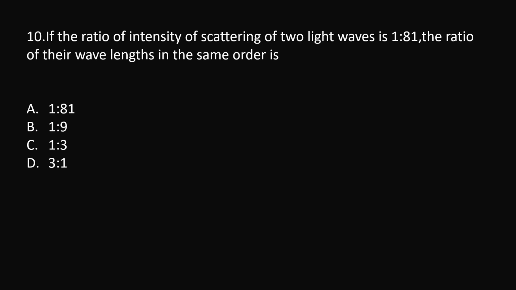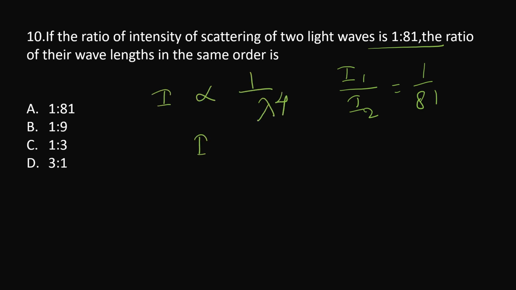If the ratio of intensity of scattering of two light is 1:81, the ratio of their wavelength in the same order is, ratio of intensity is given. I1 by I2 is equal to 1:81. For scattering, intensity is proportional to 1 by lambda raised to 4, or I1 by I2 we can write lambda 2 by lambda 1 whole raised to 4.